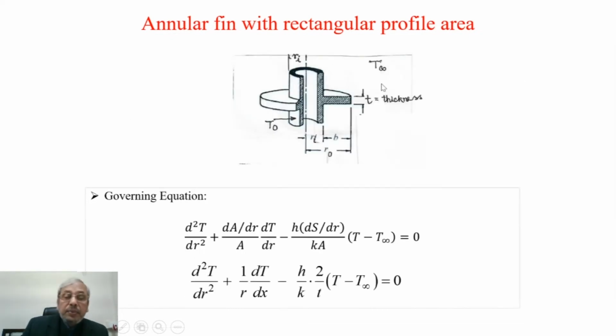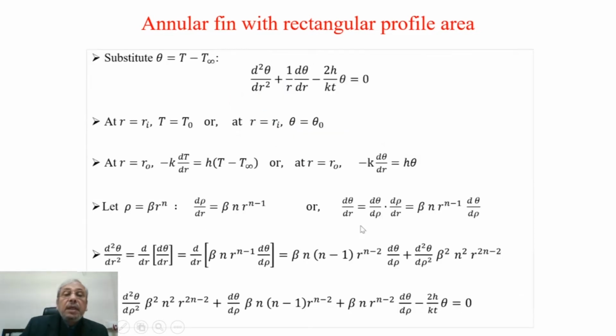Absolutely simple substitution, theta for T minus T infinity. At r equal to Ri, T equal to T0, which is the base temperature, so we can write theta equal to theta naught.